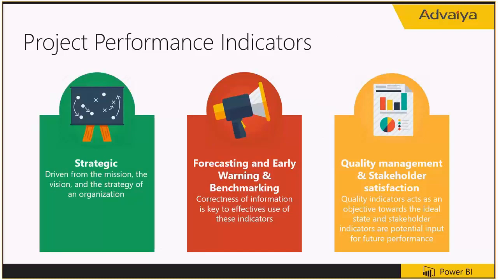Yeah. So we talked about project performance broadly and the performance indicators. Let's talk about how these indicators are measured in real time, leveraging project information from Microsoft Project Online and using Power BI for data aggregation and visualization.